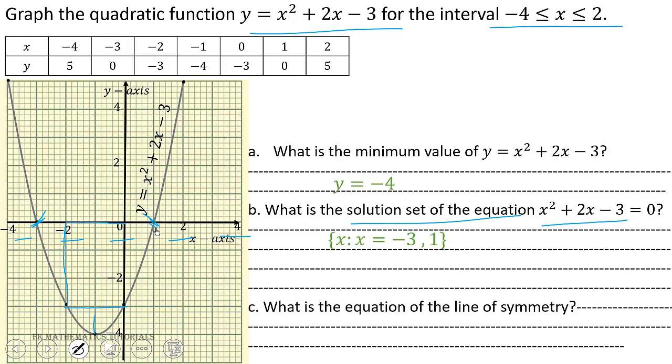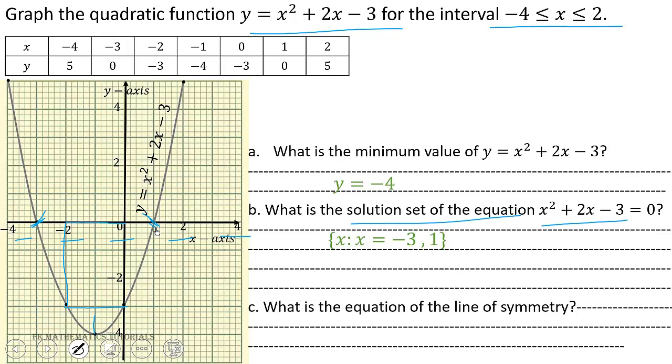So the solution set is braces, x such that x equal -3, 1. The comma there indicates or. So you can choose to write it as x such that x equal -3 or x equal 1.